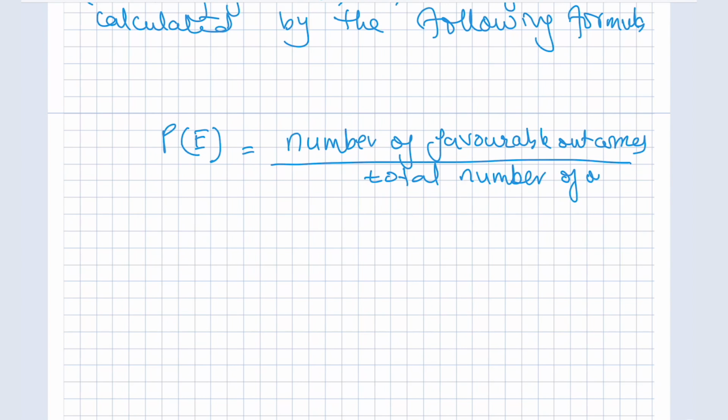We can write this now as symbols. The probability is equal to the number of favorable outcomes divided by the total number of outcomes, which is our sample space.